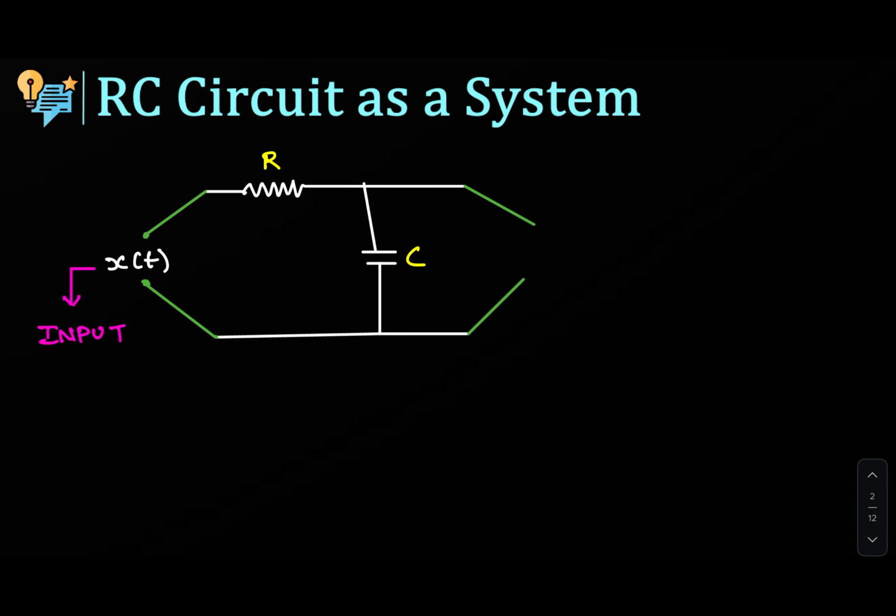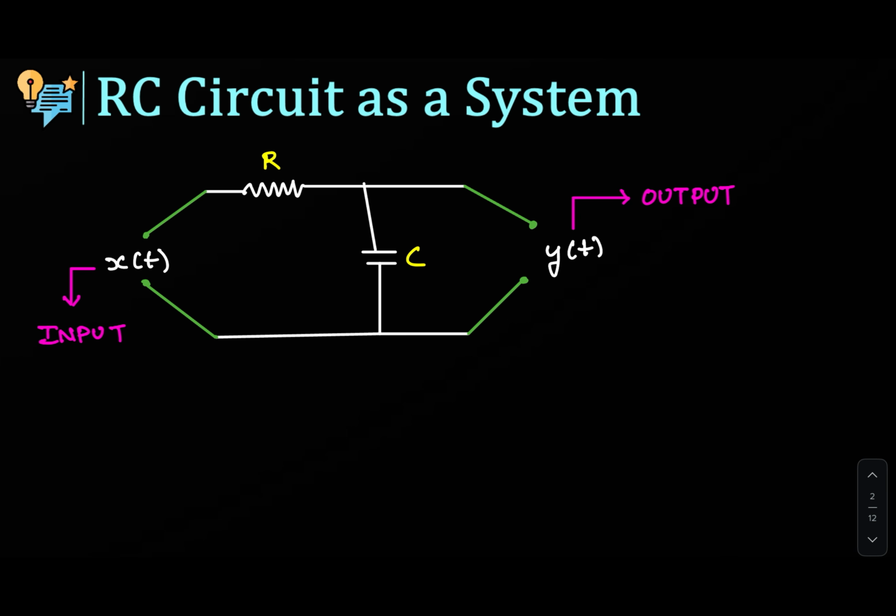It is generating some output, and this will be my y of t. So I am representing input by x and output by y. So my system is something which takes an input and gives us some output.